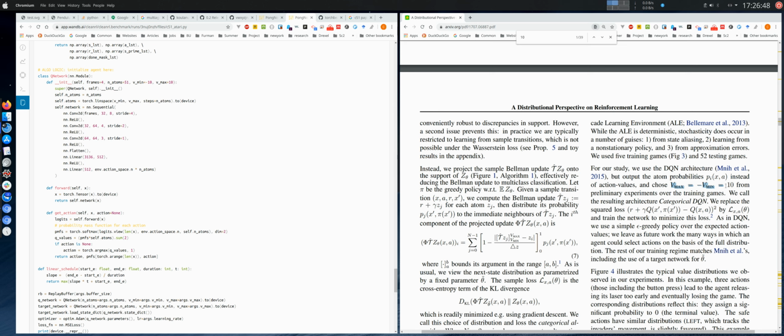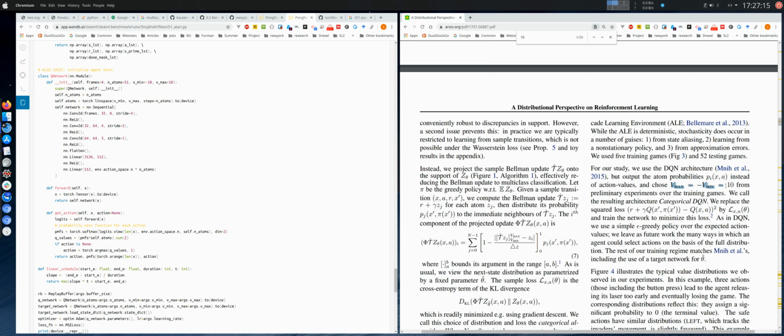Because if the maximum reward you could get is like 2,000, then by setting Vmax equal to 10, it's not clear what that means. It's almost limiting the possible return you could get, I guess. Yeah, I guess we just truncate all the rewards that are higher than 10.